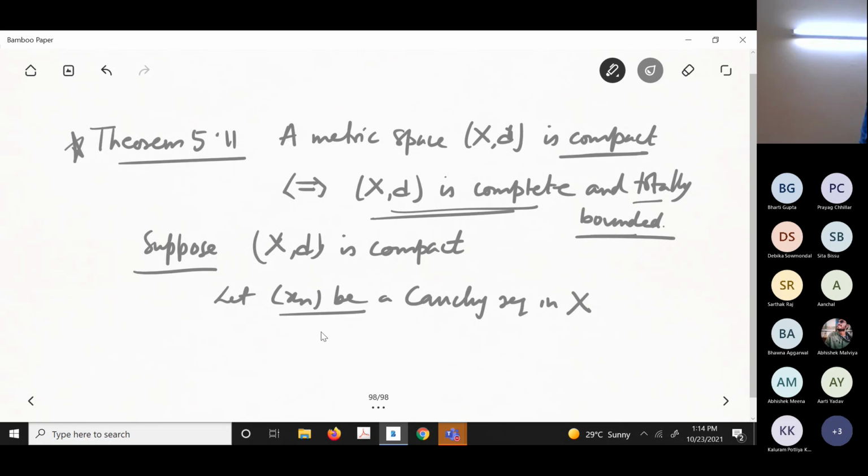So xn itself is a sequence in X, and by C of the previous theorem, theorem 5.10, xn has a convergent subsequence.